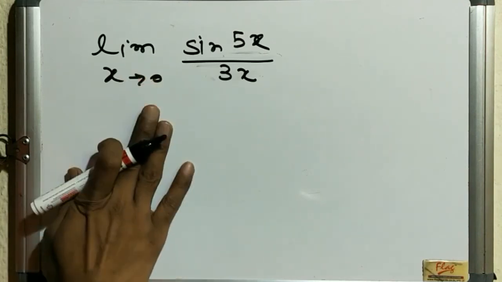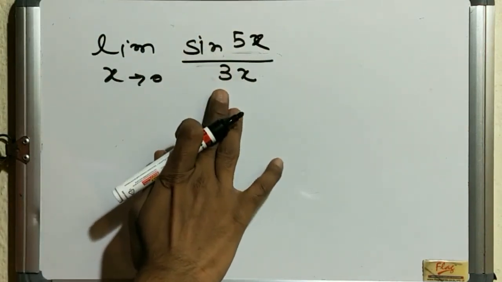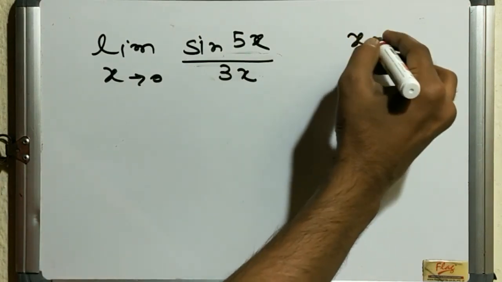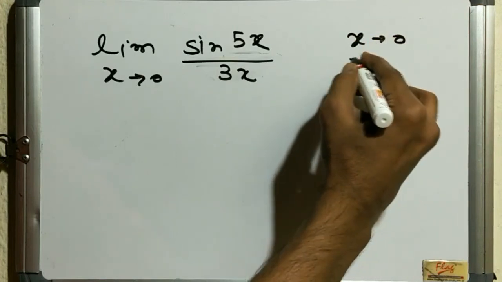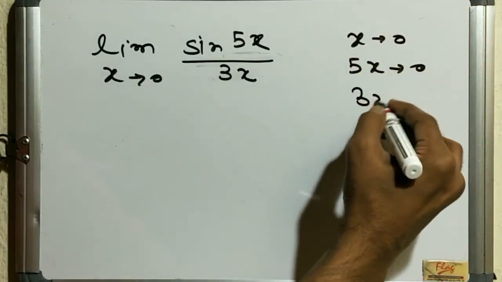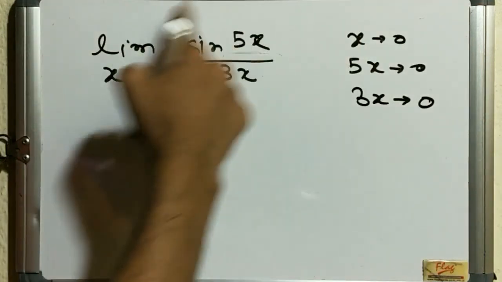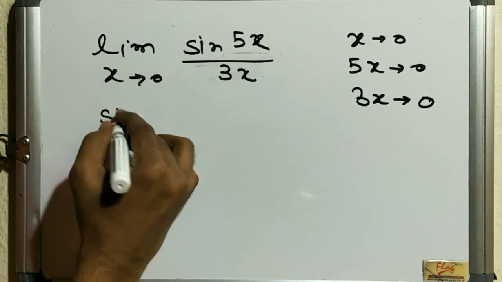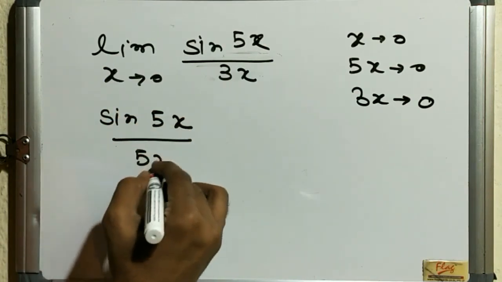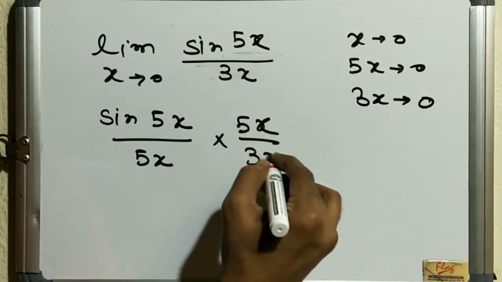Now the question is limit x tends to 0 of sin 5x by 3x. We can see that when x tends to 0, 5x will also tend to 0. Similarly, 3x will also tend to 0. Now arranging this particular term as (sin 5x divided by 5x) into (5x divided by 3x).